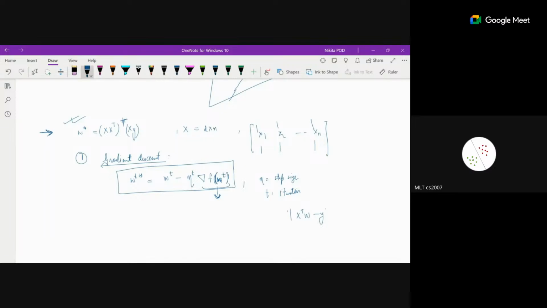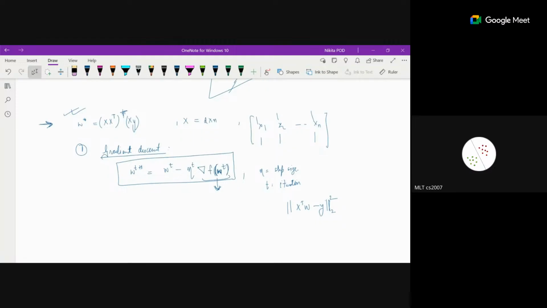We wanted to minimize this function over W. Now, when you take the grad of this, it turns out to be 2XX transpose W minus 2Xy. So it doesn't require any inverse computation. So this is where it is useful.